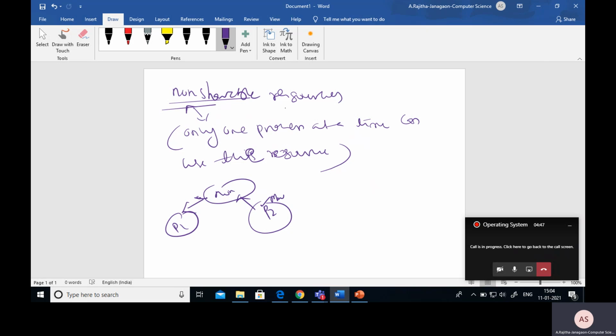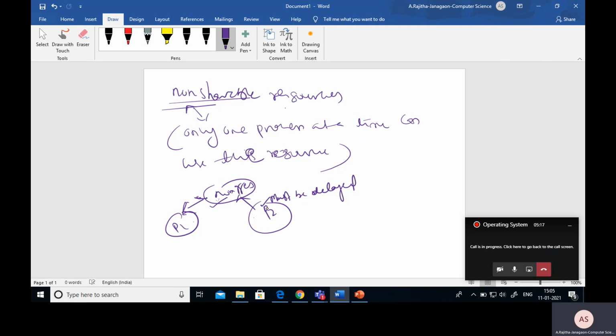This requesting process cannot start because the resource has not been released by the process holding it. Another process means the process which holds that resource. Non-shareable means these two processes cannot use this resource at the same time.